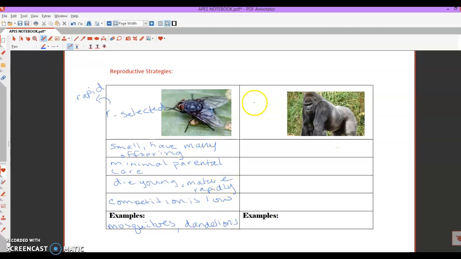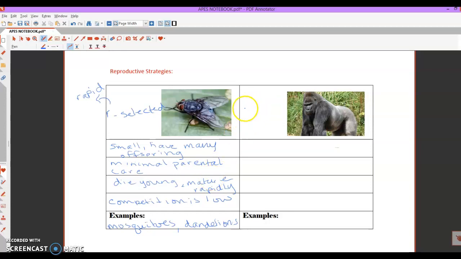Okay, so when we look at another reproductive strategy, we can compare it to a large animal. So obviously a gorilla isn't going to fall under any of these descriptors. Gorillas are large, they have extensive care, they live to be long, and the competition between them is high.